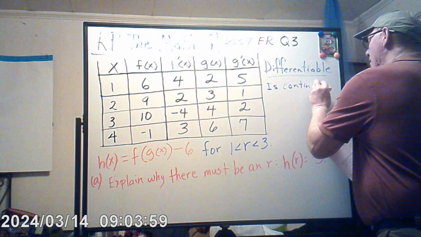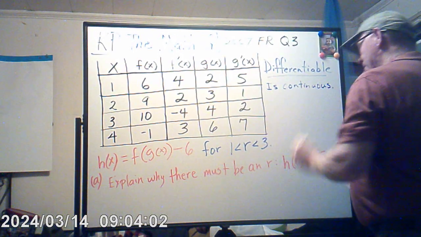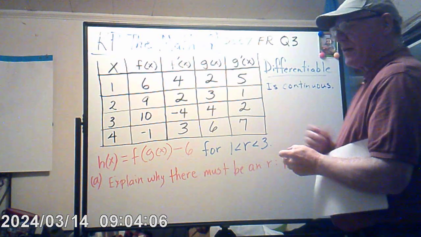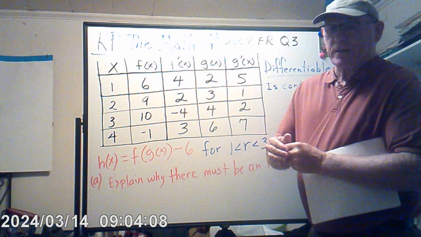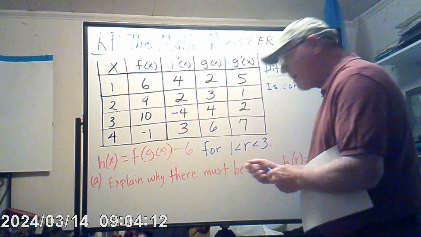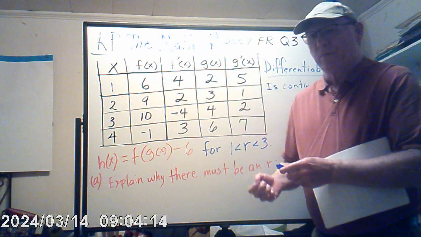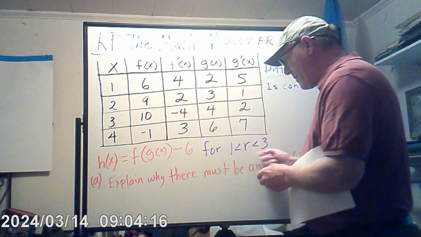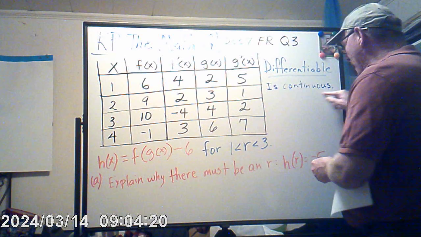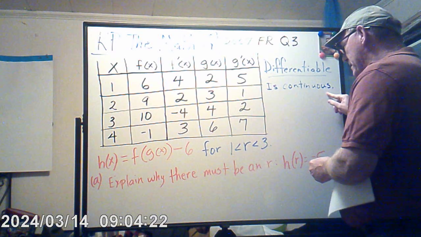That's the key to knowing that there is an r somewhere between 1 and 3. If this is discontinuous somewhere in between 1 and 3, we wouldn't know where, but we know it's differentiable, which implies that it is continuous.